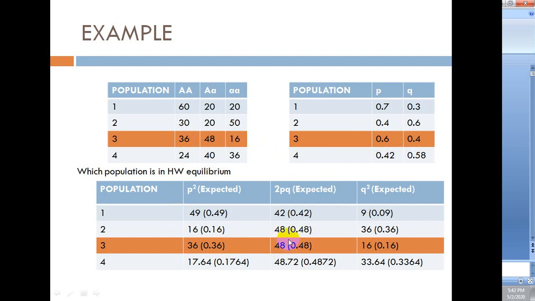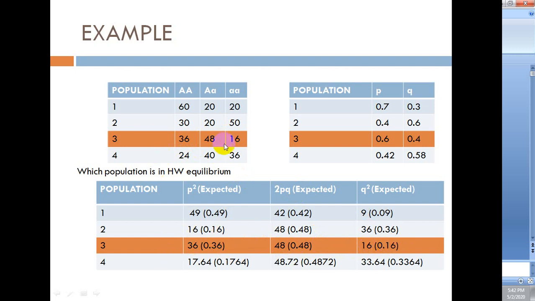And in the heterozygous condition, 2pq is 0.48. So 48 individuals will be of heterozygous genotype, and this is also 48. And in the case of the homozygous recessive genotype, it is 16, and so is the observed value. So here both the expected and observed values are the same. So this population is in HW equilibrium.